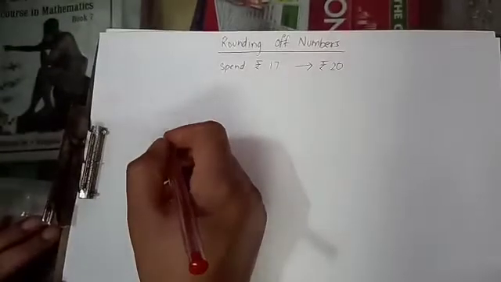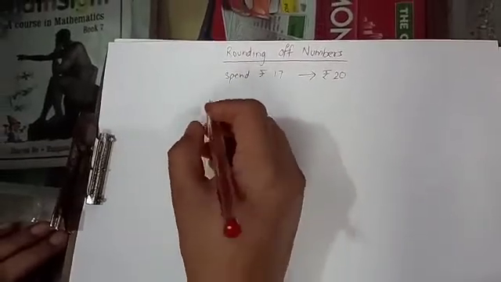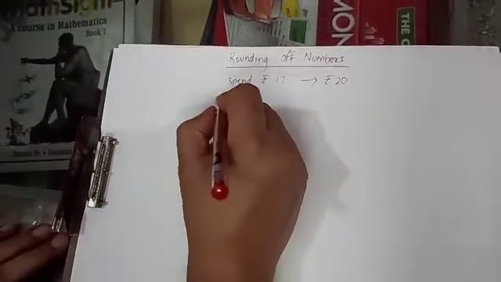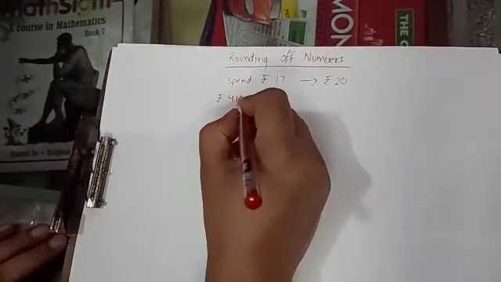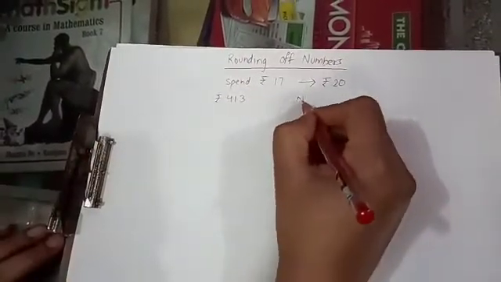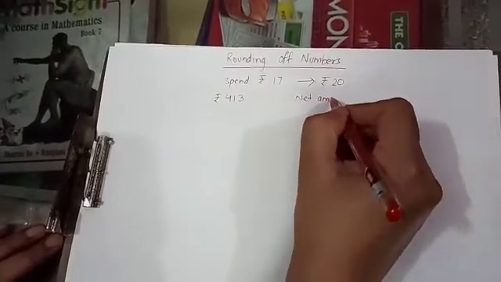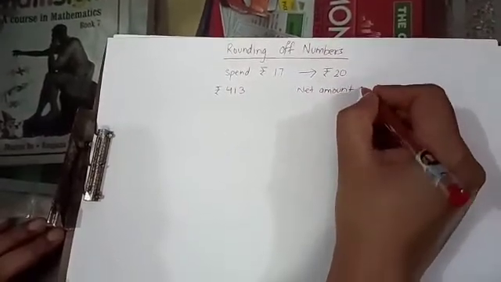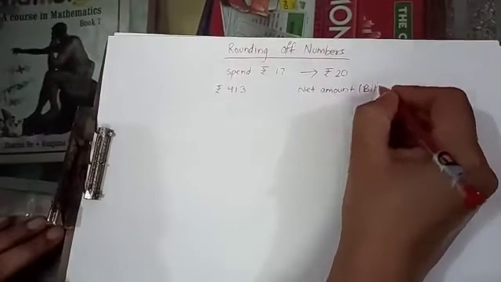Let's talk about another example. If I've spent some rupees 413 at some place, what will be the net amount that I'll be asked for, or the net amount I'll say a bill?